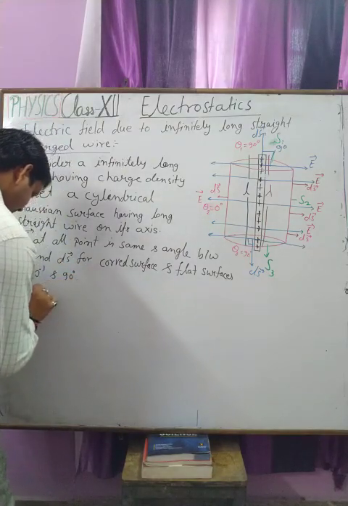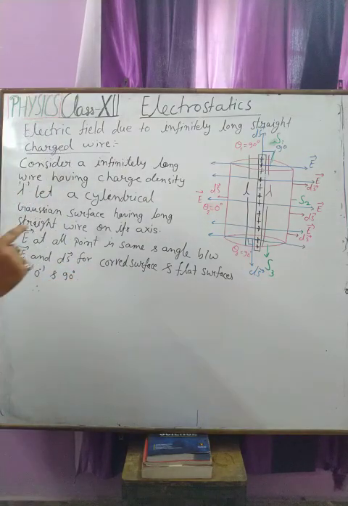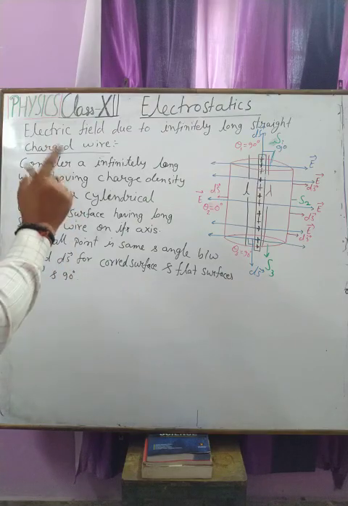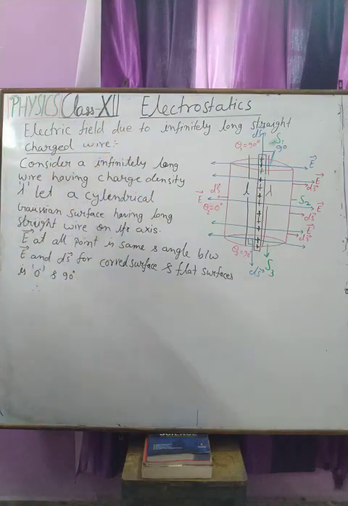Therefore, the second step is to calculate electric flux for the closed surface.